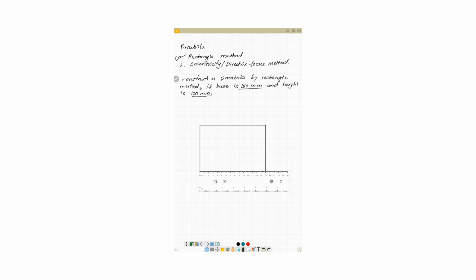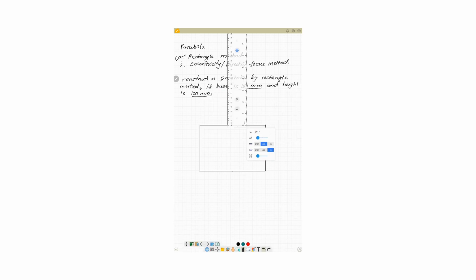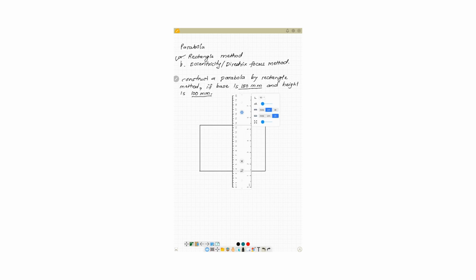I will mark one point at a 75 mm distance and then draw one axis, a vertical line, from that point. I will draw one line passing through this point located at 75 mm.